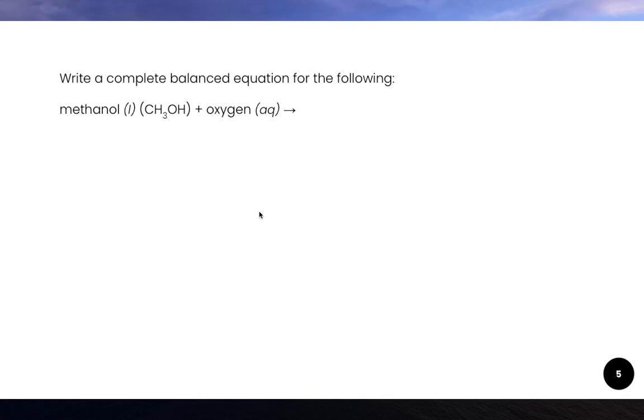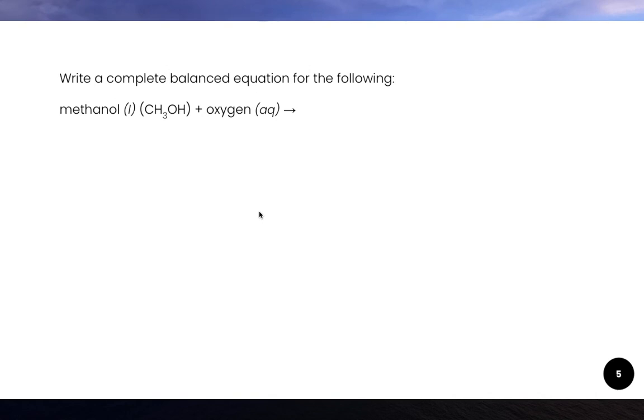Okay, last one. Methanol reacts with oxygen. So this one I want you to take a close look at. Luckily, I gave you the chemical formula for methanol, and it's reacting with oxygen. So this is a combustion reaction. And you know, in a combustion reaction, the products are always carbon dioxide and water.